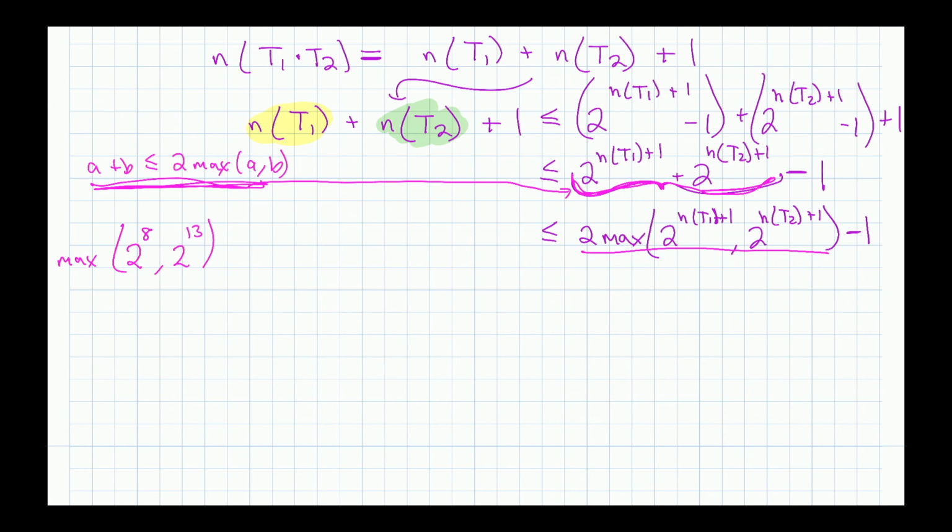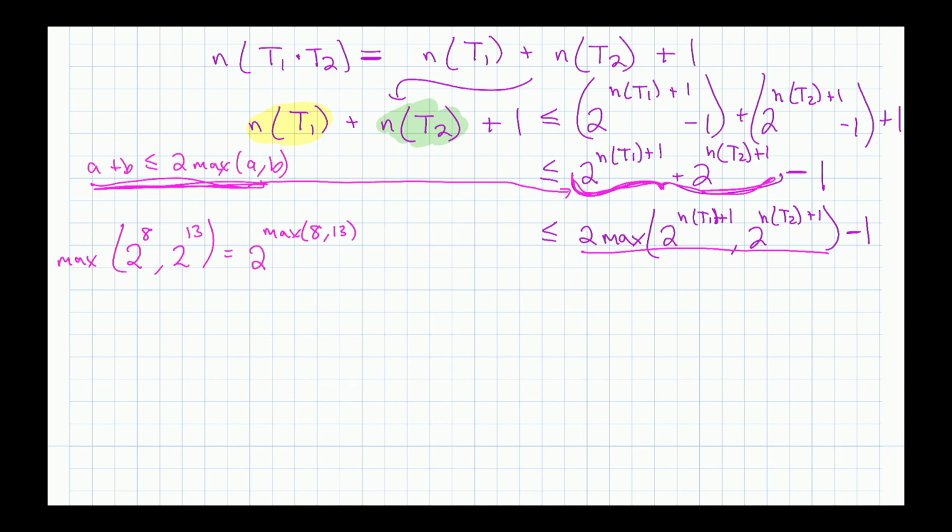Well, it's 2 to the 8, 2 to the 13, and you want the maximum of that. Since they both have the 2, that part's the same, you could actually write it this way. You could say that instead of being the maximum of 2 to the 8, 2 to the 13, it's actually 2 to the maximum of 8 and 13.